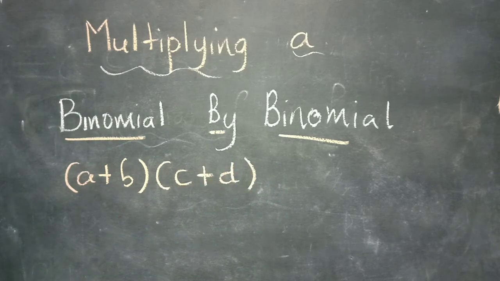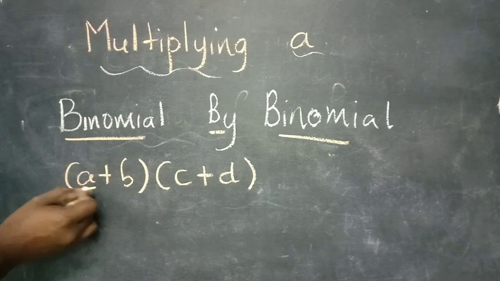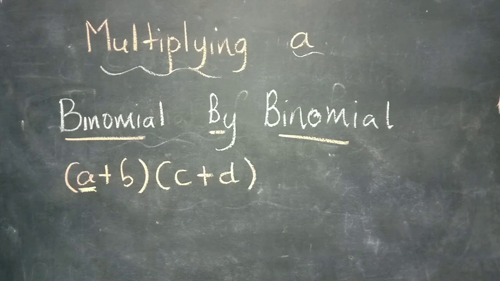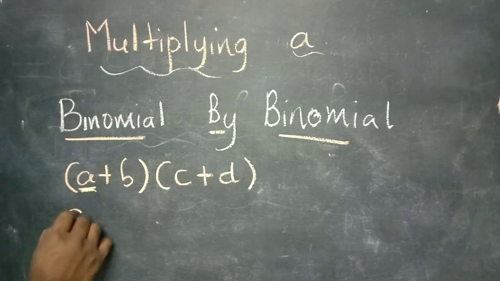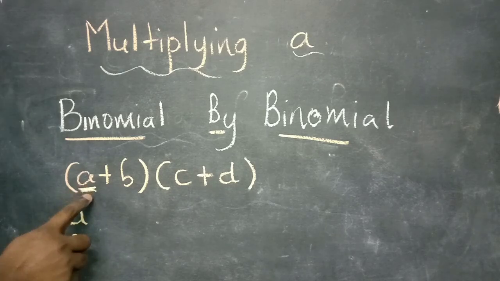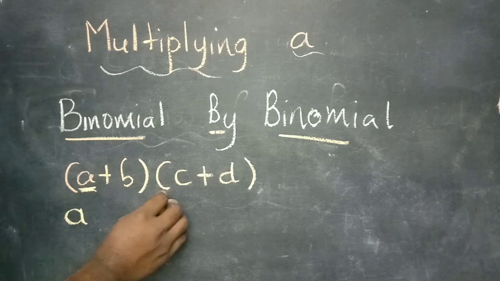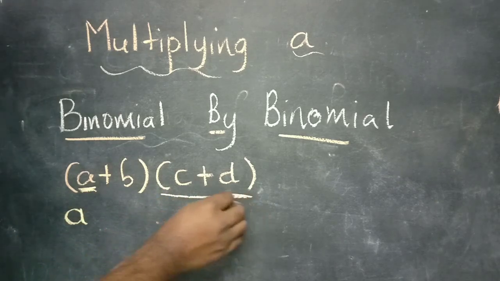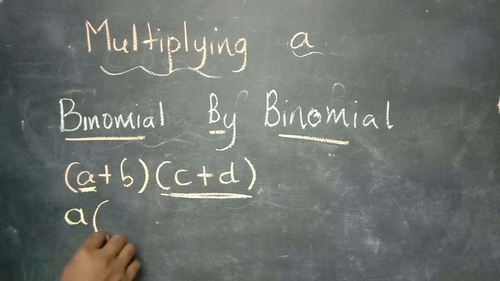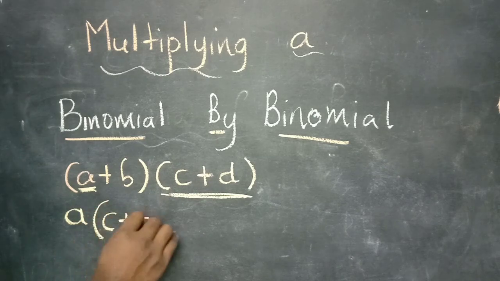Now, how to multiply these two binomials? Take the first term of the binomial and multiply it to the second binomial, that is a into c plus d.